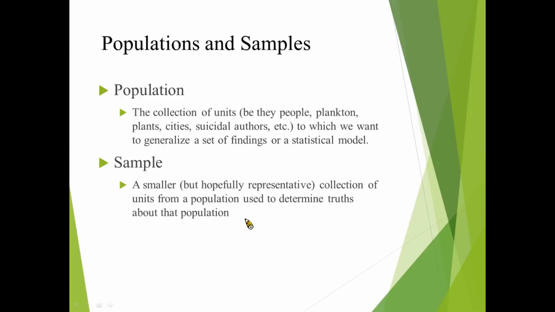Okay, so now we continue to talk about the population and the samples. So what's the population? The collection of units, be they people, plants, or cities, about which we want to generalize a set of findings or a statistical model. And the sample is a smaller collection of units from the population, used to determine truths about the population. So the population is bigger than the sample.